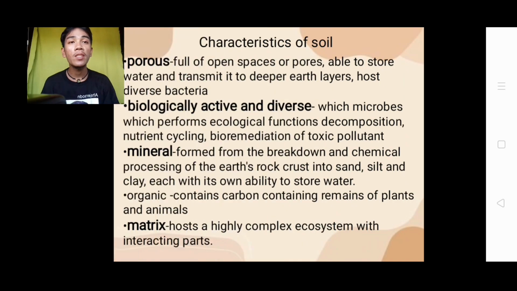So let's proceed to the characteristics of soil. First, we have the porous. It is full of open spaces or pores able to store water and transmit it to deeper earth layers to host diverse bacteria.